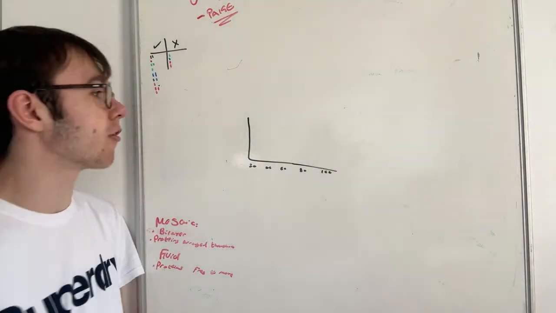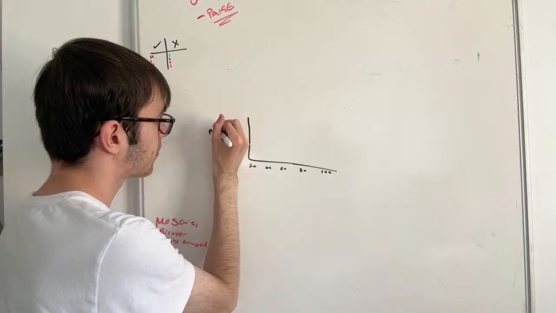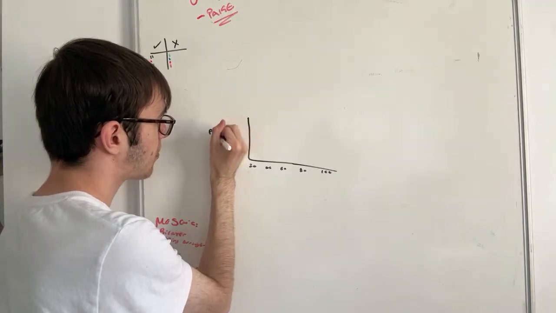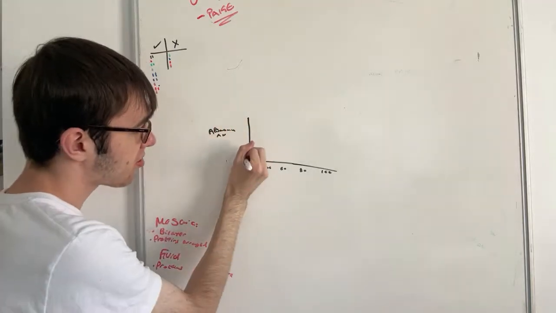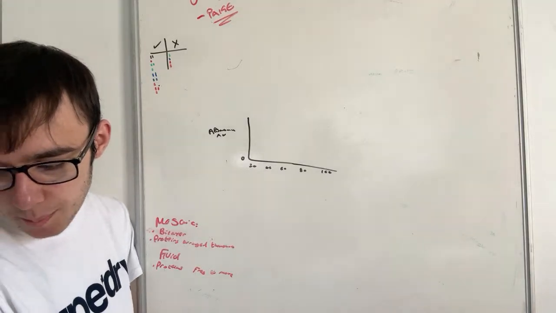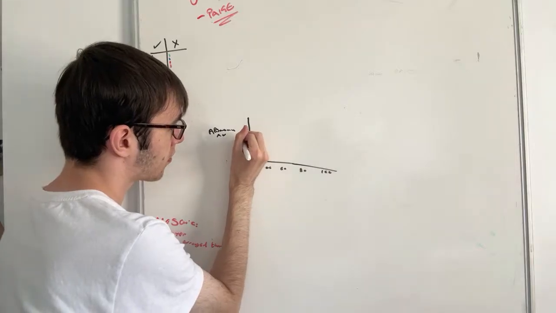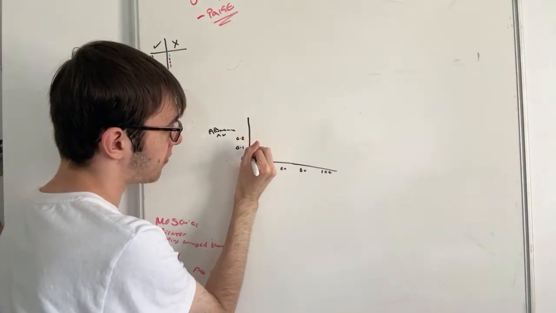It's done the mean for us. That is so nice. Absorbance in AU. Start at 0. You would probably need to go up by 0.1, which means your first one would be there.